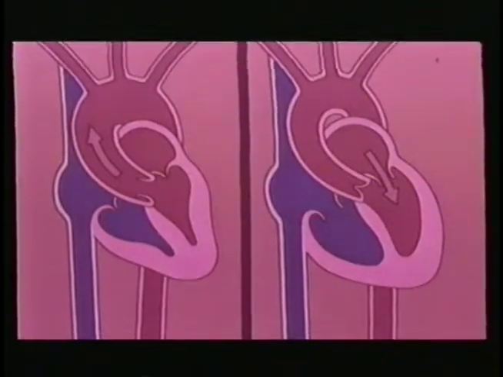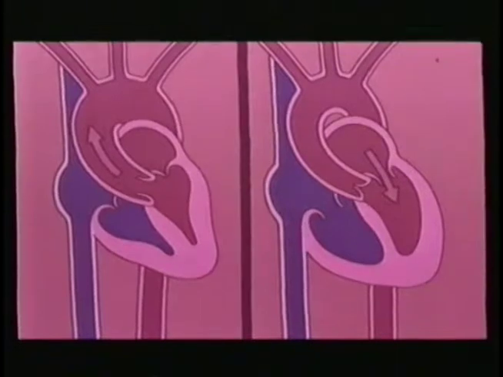The arterial pressure falls during diastole, reaching its lowest point just prior to the next ventricular ejection. For a detailed description of cardiac structure and the mechanics by which the heart muscles generate force, refer to the APS slide tape series, Cardiac Physiology.